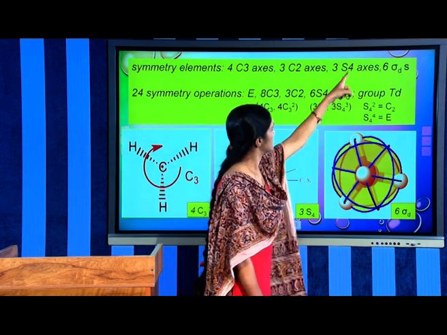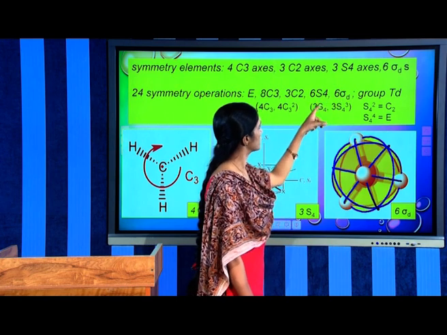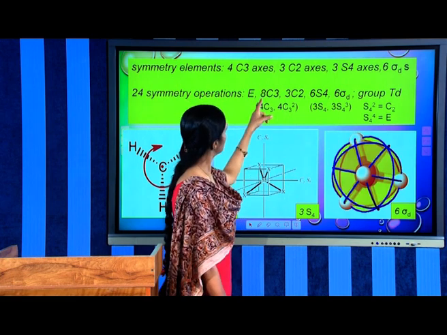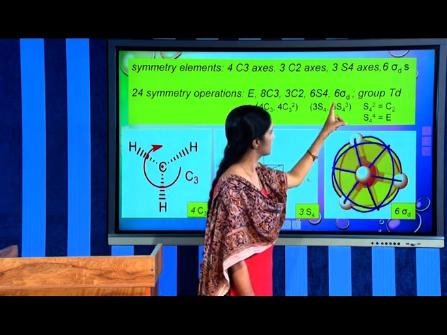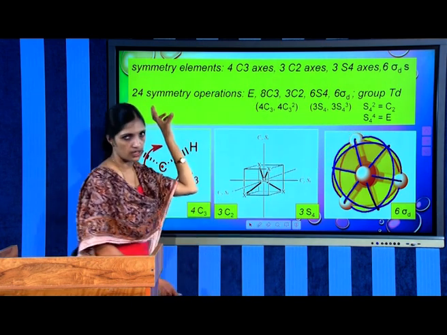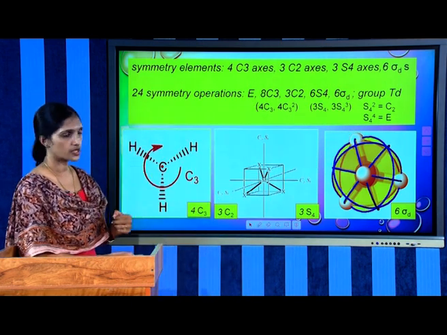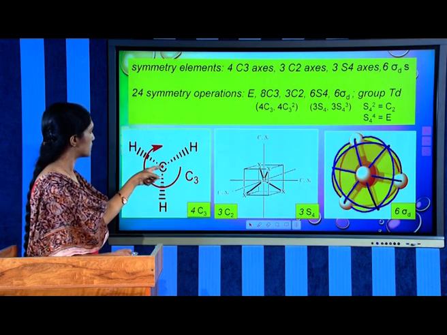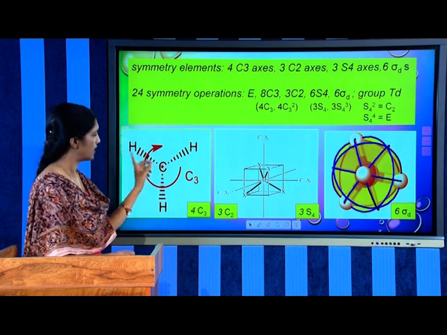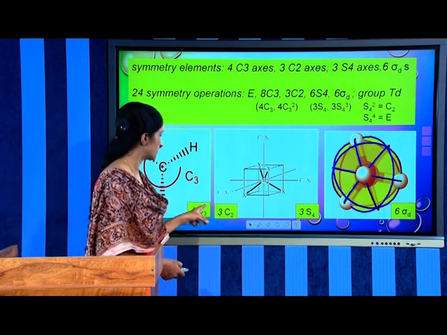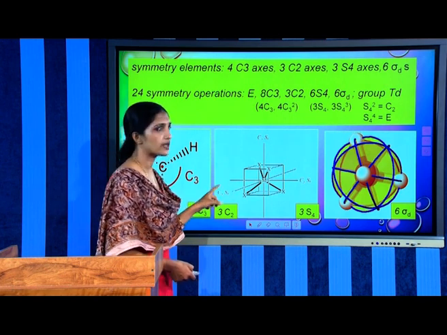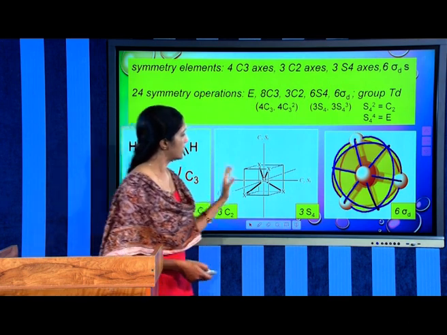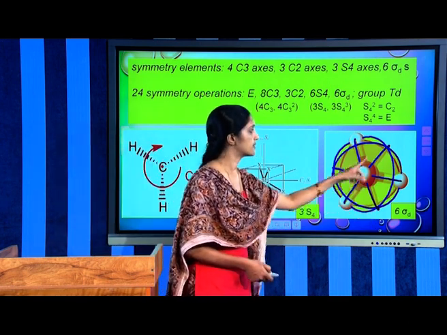So, the 3 S4 can be written as 6 S4 distinct operations. So, altogether 1 plus 8 plus 3 plus 6 is equal to how much? 24 symmetry operations. So, the 4 C3s are represented through each hydrogen atom, and 3 C2s are possible. The C2s are also S4, 3 C2s and also 3 S4 equally, and here 6 sigma d are represented like this.